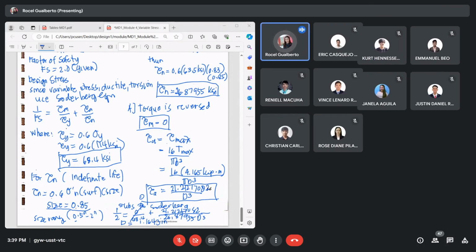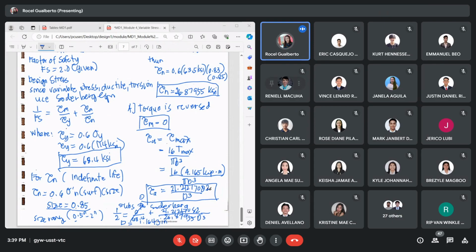Okay, so we yield an answer of 1.1643 inches. Ito po yung sagot natin. Now, ito po yung sinasabi ko kanina, na yung answer po natin, palagi mo pong i-evaluate. Tingnan mo po kung gumamit ka ng size factor. Kung gumamit ka po, titingnan mo ngayon yung answer mo if it is within the size range.